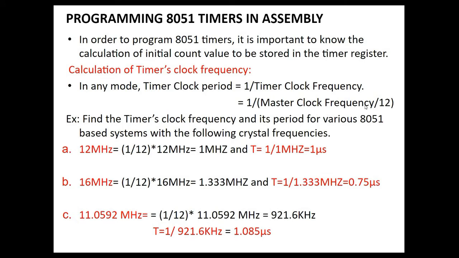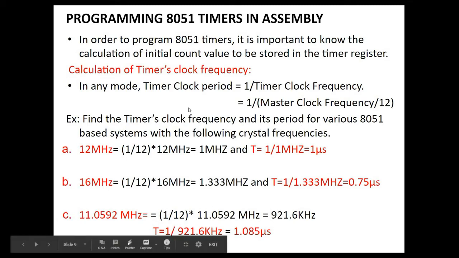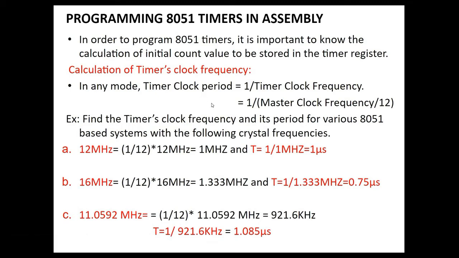This master clock frequency is different for different 8051s. It depends upon which crystal oscillator is connected to the particular microcontroller. We'll see a few examples of how to calculate the timer's clock period for different oscillator frequencies. For example, assume a 12 megahertz oscillator is connected to the 8051.